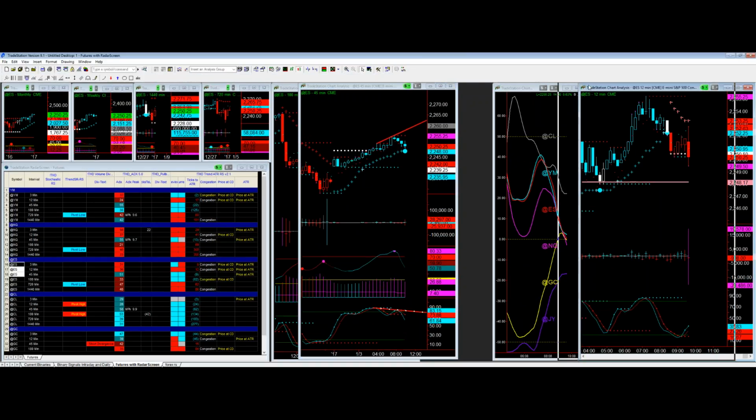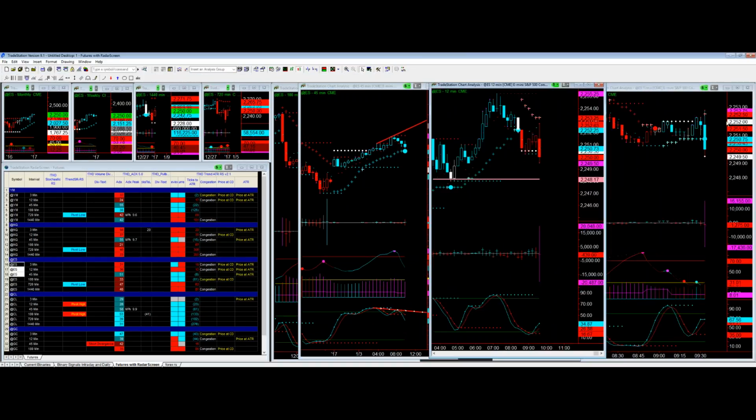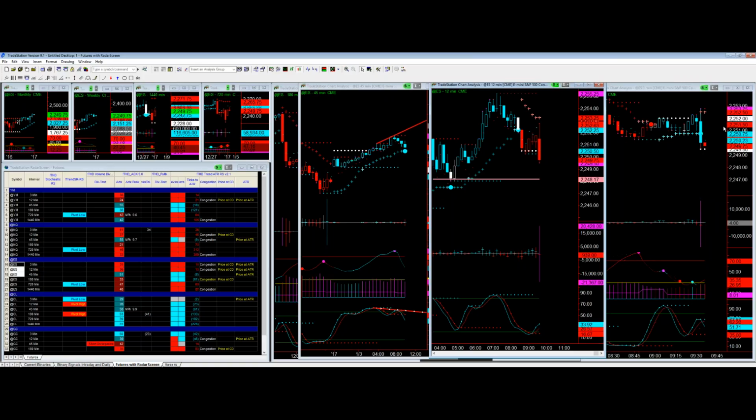Move this one over, move this one over. You're at a congestion dot.